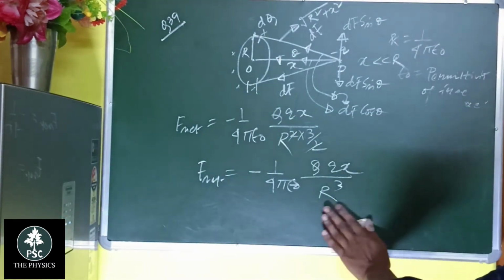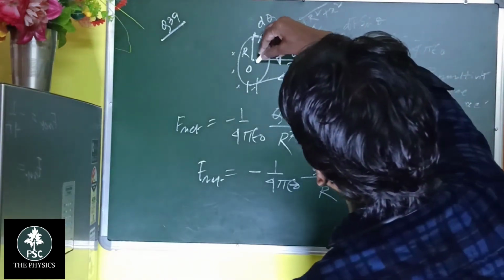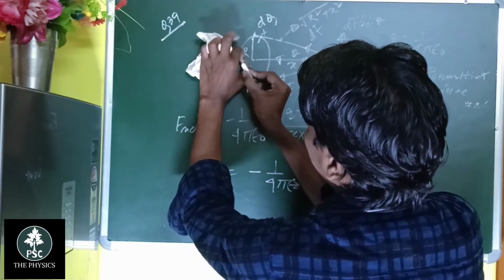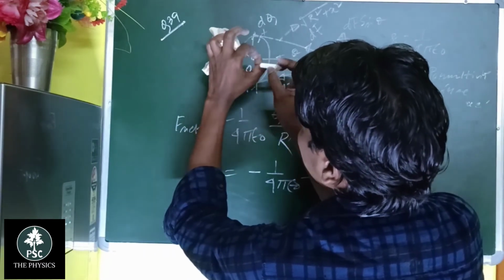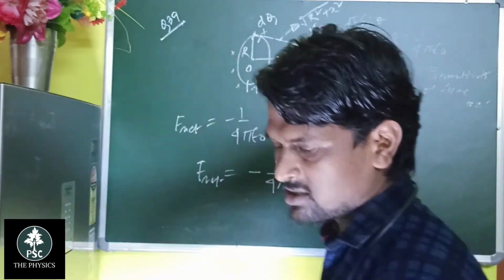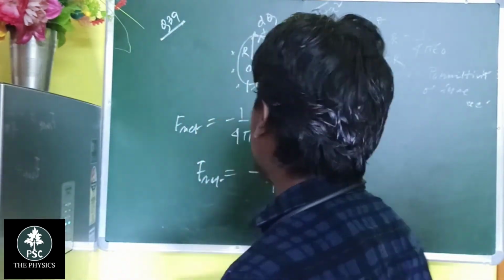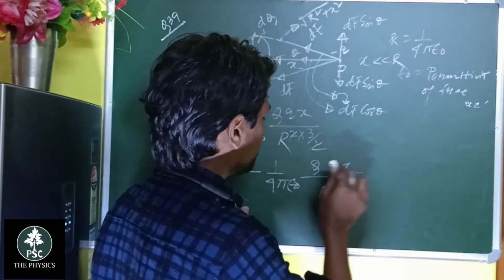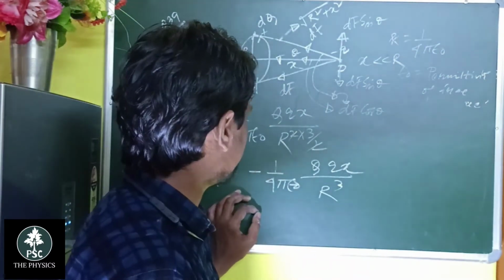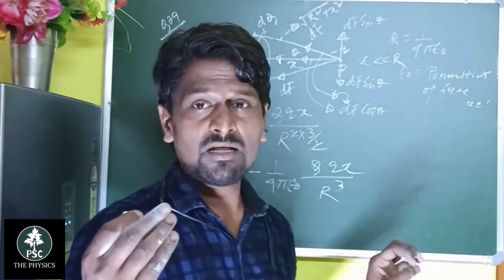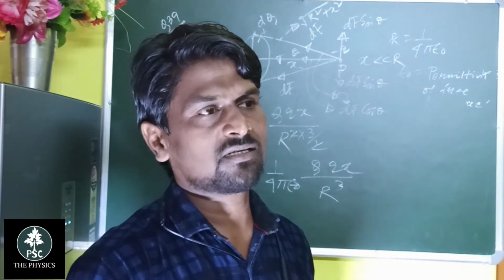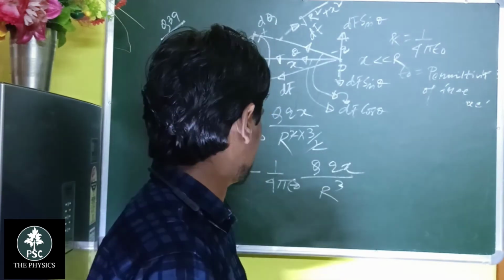The next one: suppose this is the ring, and there is a charge of minus q. If we displace it some distance, then the charge oscillates with some time period, and you have to calculate that time period. First you have to prove this is executing SHM, simple harmonic motion.